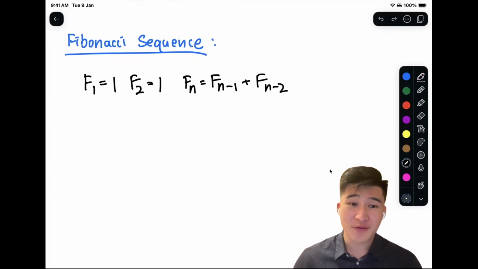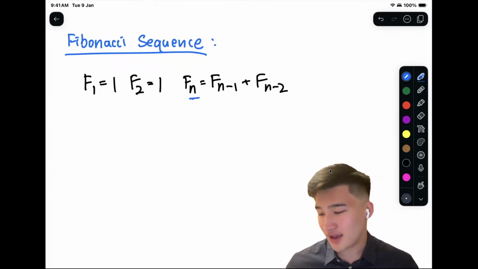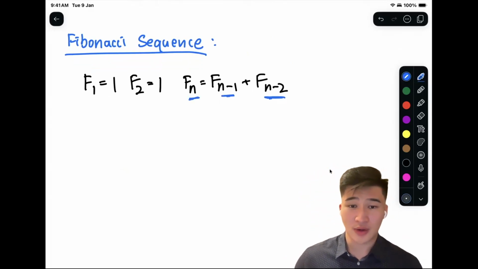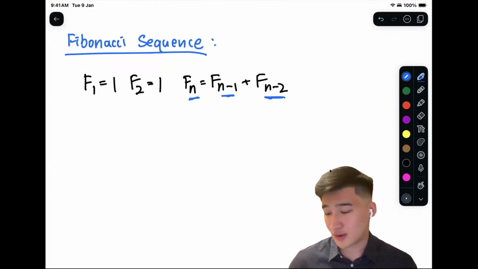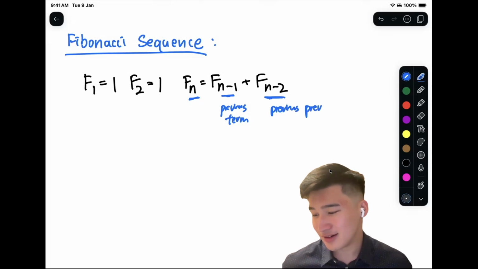As you can see here, for the Fibonacci sequence, look at the general formula: F(n) equals F(n minus 1) plus F(n minus 2). If we infer from the equation, this is the previous term, and this is the term before that, because it's minus 2.